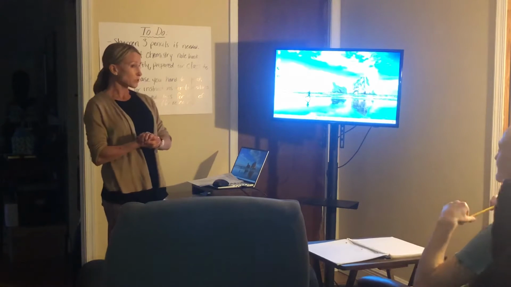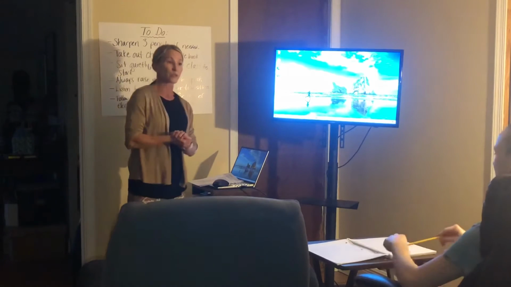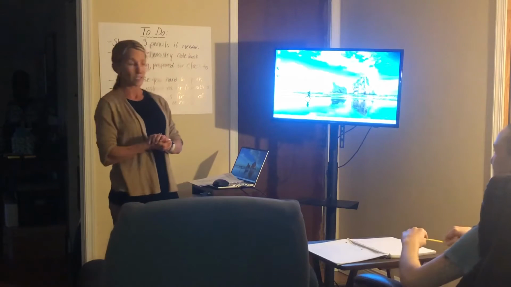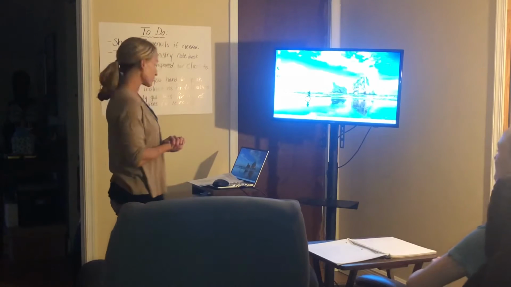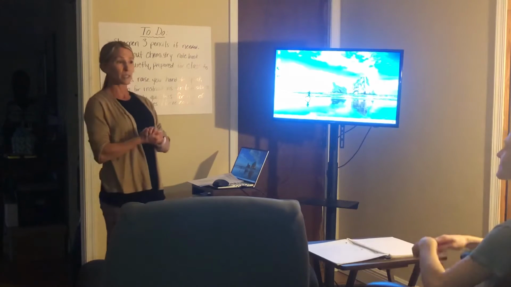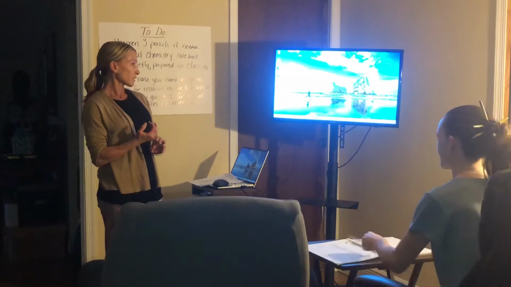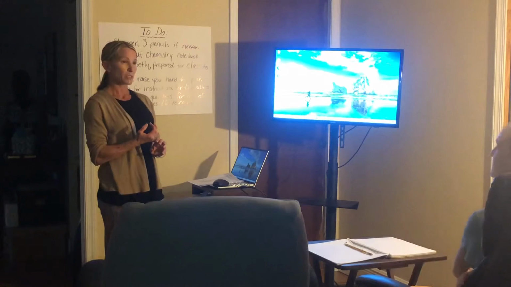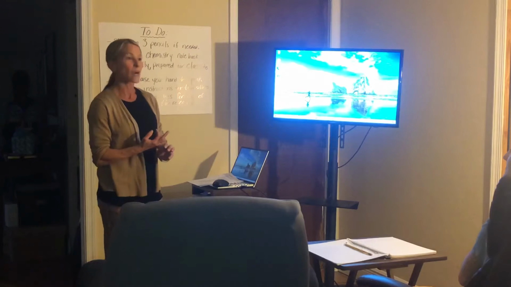In the future, we're going to also be working with redox equations where you will have to figure out the oxidation states on your own. But today, I'm going to give you the oxidation states because the main thing about today's lesson is I want you to be able to recognize whether an equation or a chemical reaction is oxidation reduction or not, and whether it's in a living system or a non-living system.